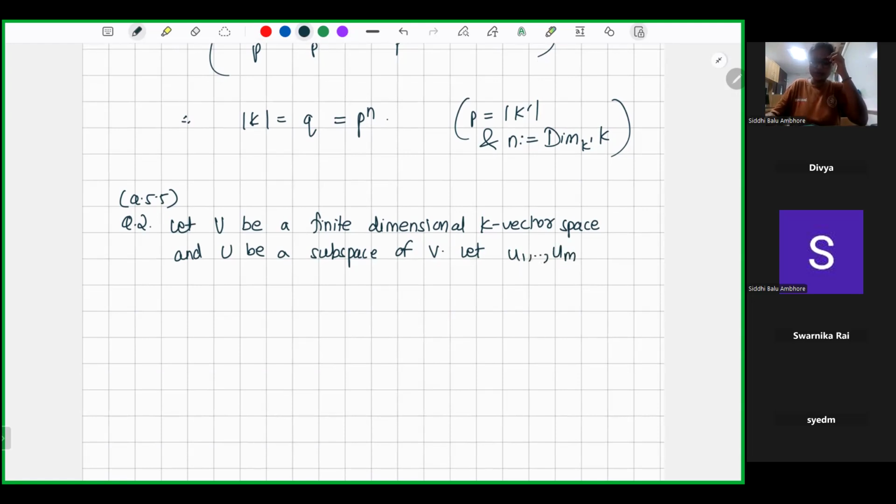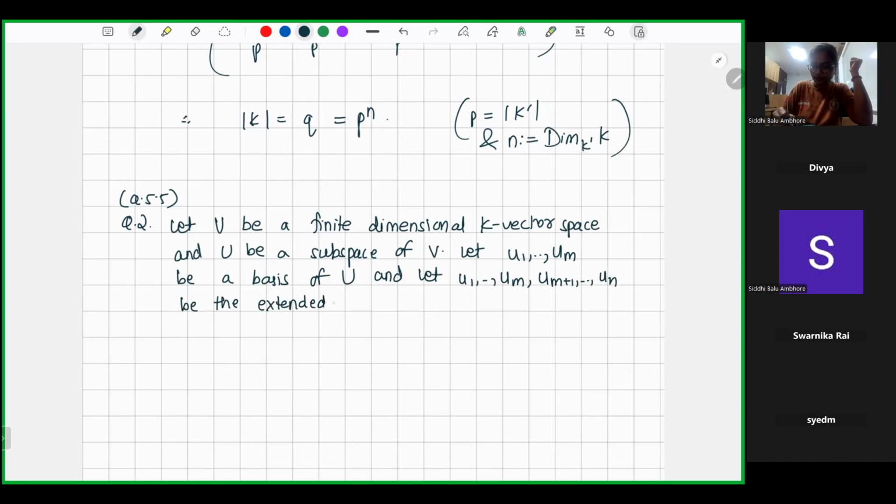So we have this V, a finite dimensional vector space again, and U be a subspace of V. Then let u1 to um be a basis of U. It's always the dimension and a basis of U, and let u1 to um and um plus 1 to un be the extended basis of V.